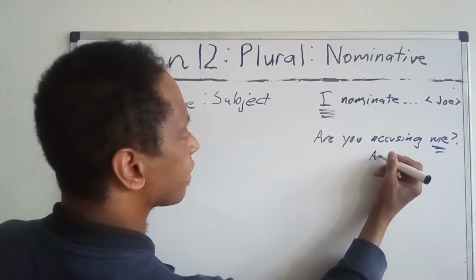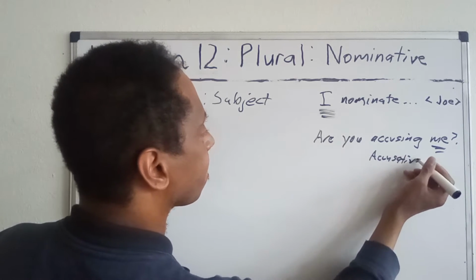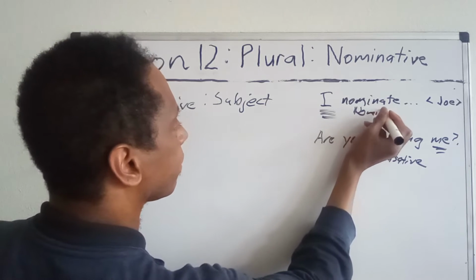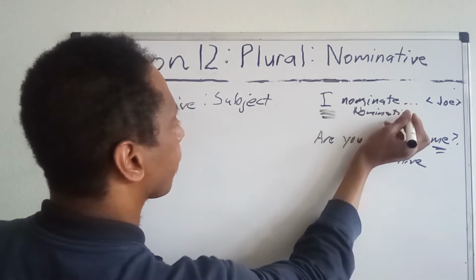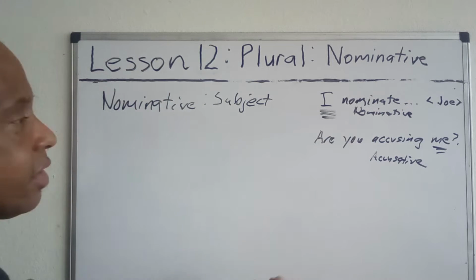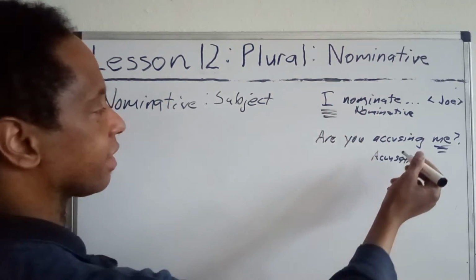Accusative form. And this is in the nominative form. We've gone over both of these before, so this is just a quick review. Me as opposed to I. I is the subject.